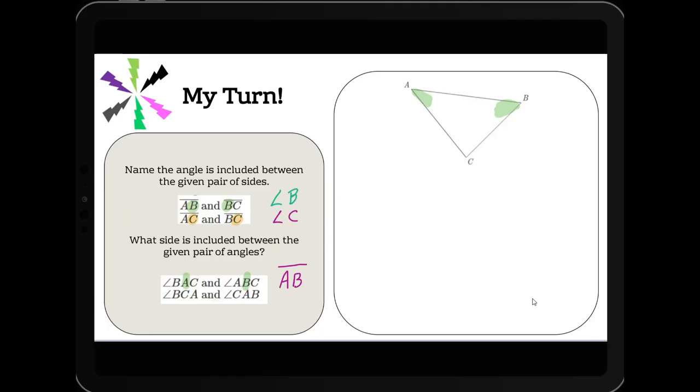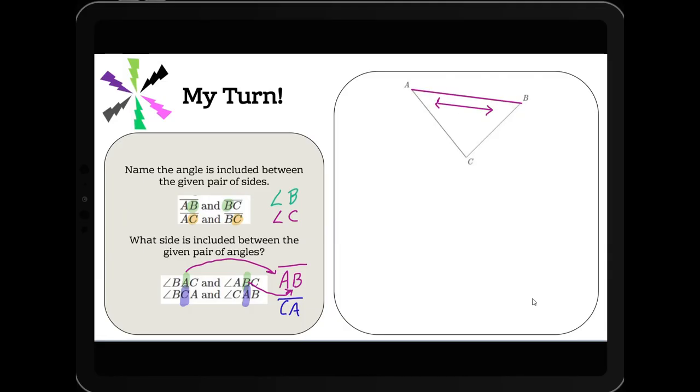And you can see that both visually here on the diagram because the side length is between the two angles, but you also can see that A and B together form the endpoints of that particular segment. And so as a result, that has to be the included side. So I certainly could do that with this one right here with C and A. I know that CA is going to be the included side without really even having looked at the diagram.